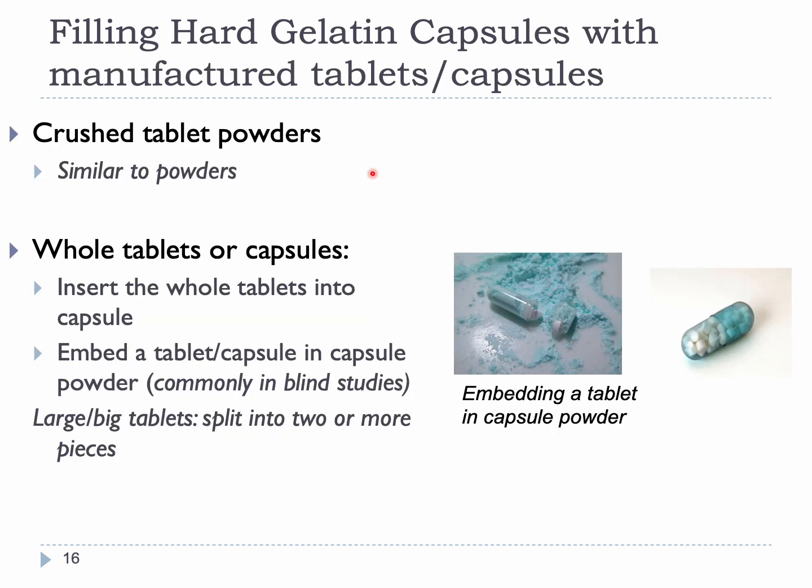Sometimes you don't have the powder ingredient available, but you have tablets that contain the API you want. In case this tablet has no special structure, it's just a simple compressed tablet, that means you can crush the tablet without changing the drug release.